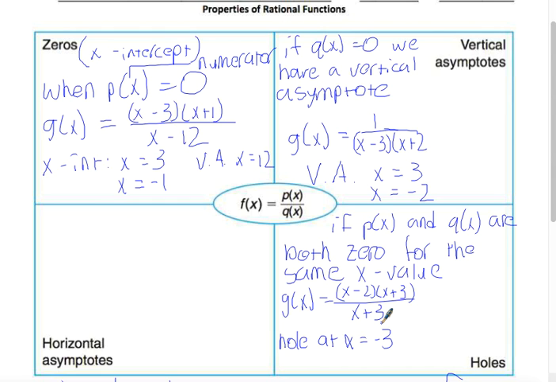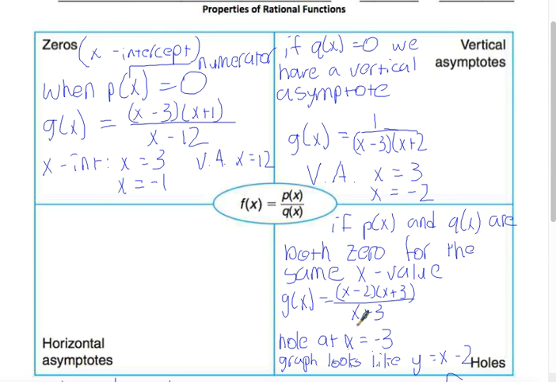And the graph would look like the function y equals x minus 2. Because after you divide this part to 1, you're just left with x minus 2.